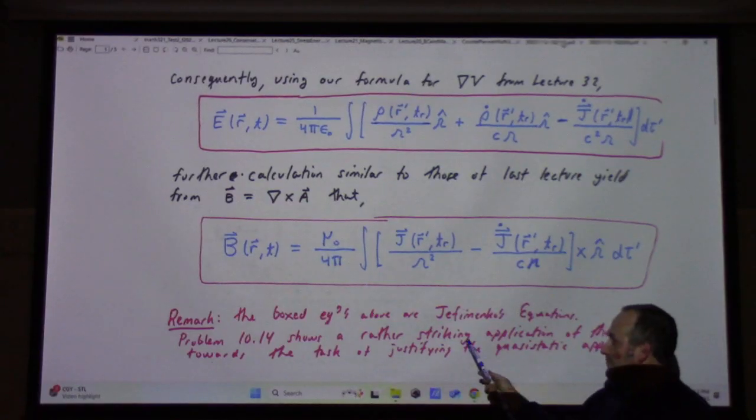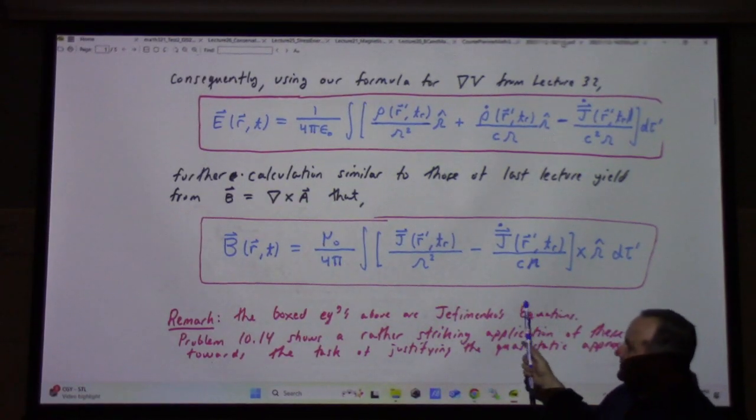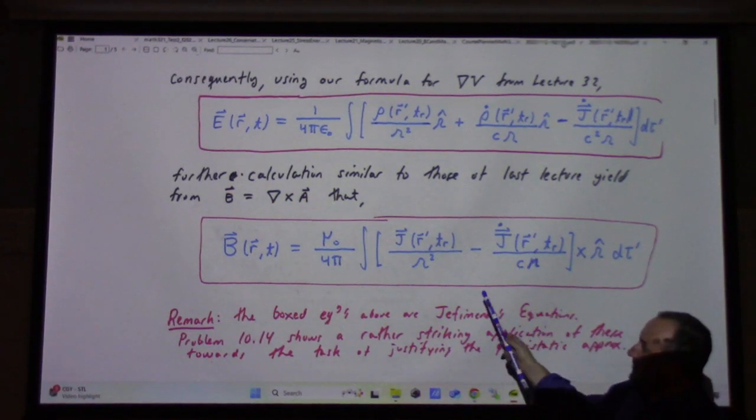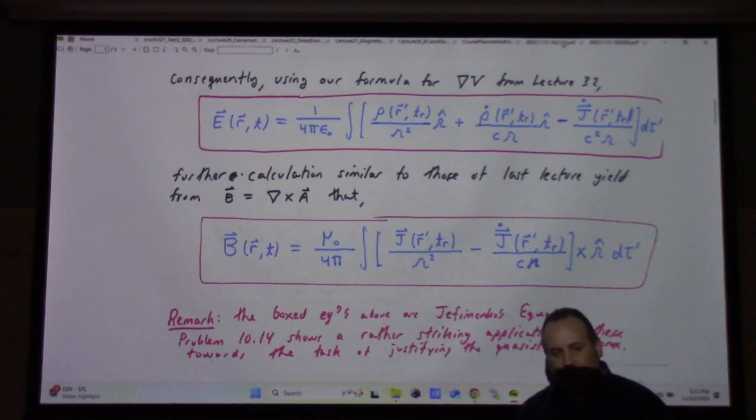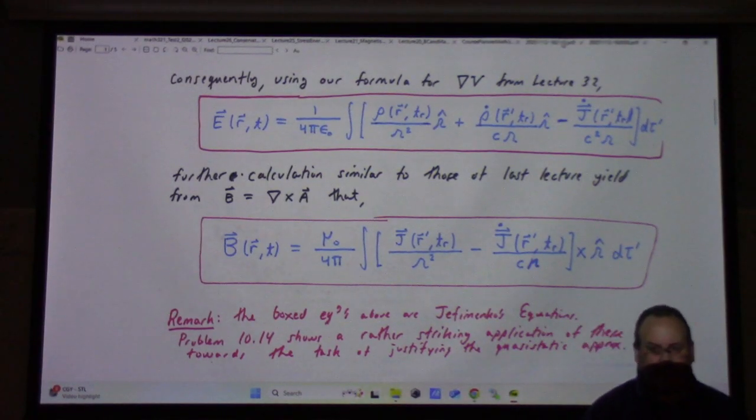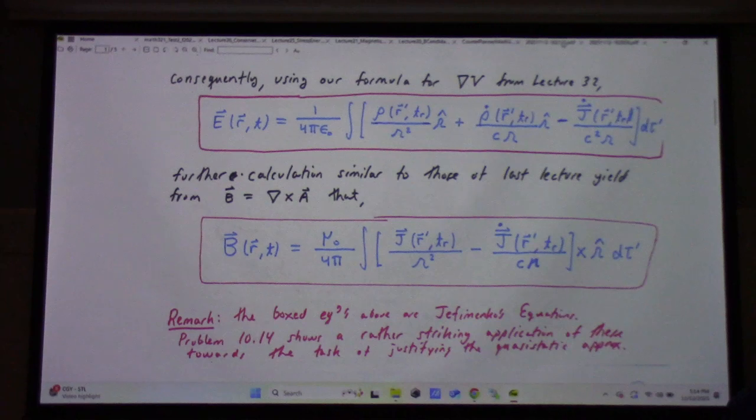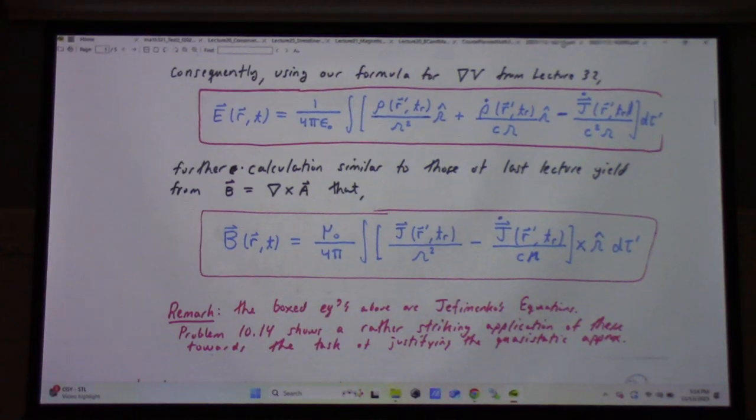The problem concerns studying how wrong the quasi-static approximation is in view of these correct formulas. He argues there's a really fortunate cancellation that makes the quasi-static approximation better than it ought to be, better than you would think.